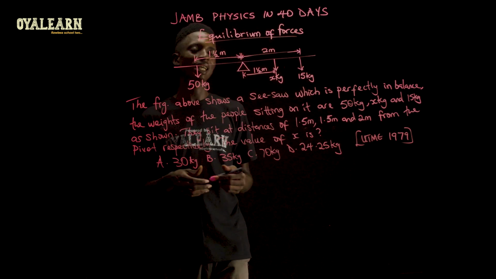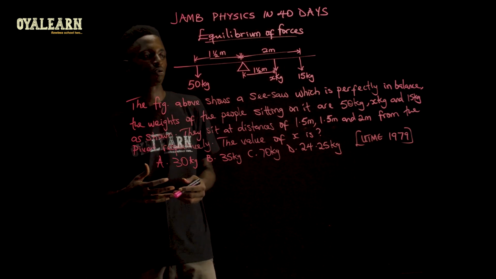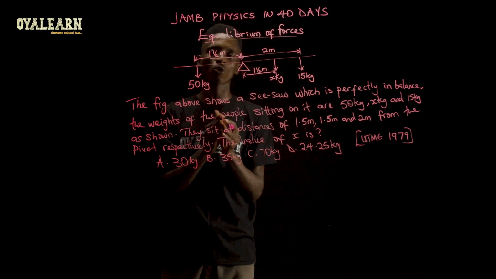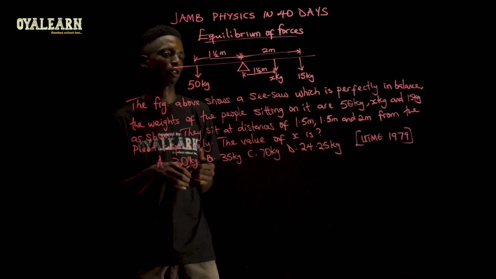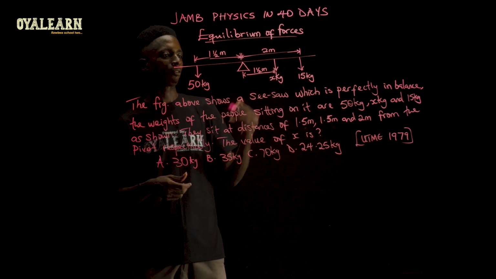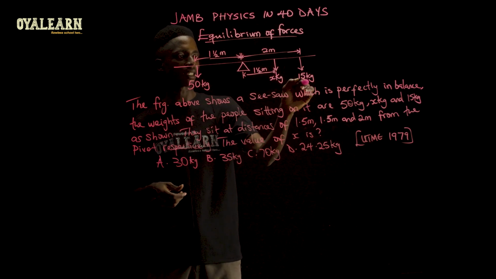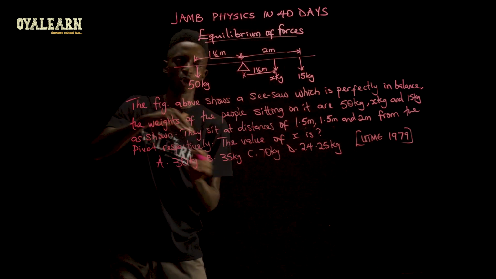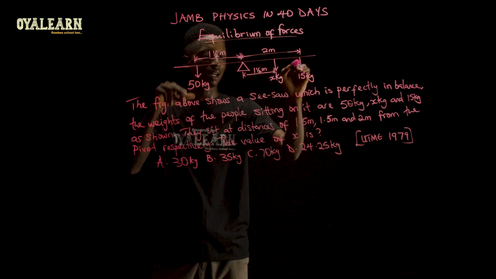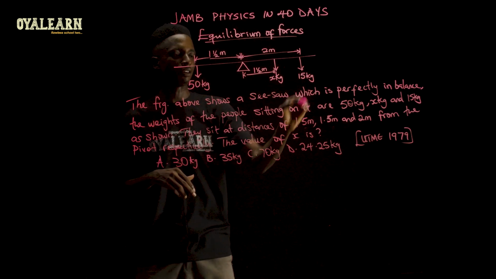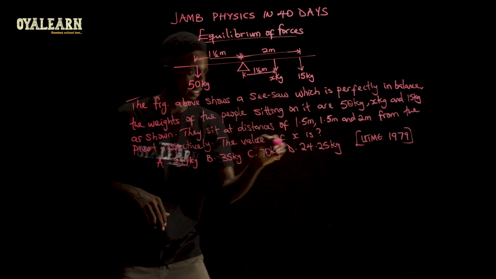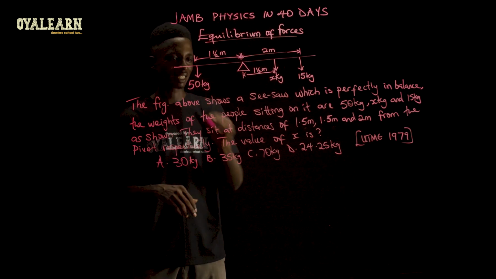Now, what we're going to apply here is that clockwise moment should equal anti-clockwise moment. That is, the sum of clockwise moments equals the sum of anti-clockwise moments. When we consider this image, the clockwise forces would be X kg and 15 kg, as they go in the clockwise direction. They will make this bar go in the clockwise direction. Whereas the 50 kg here will pull it in the opposing direction, that is anti-clockwise.